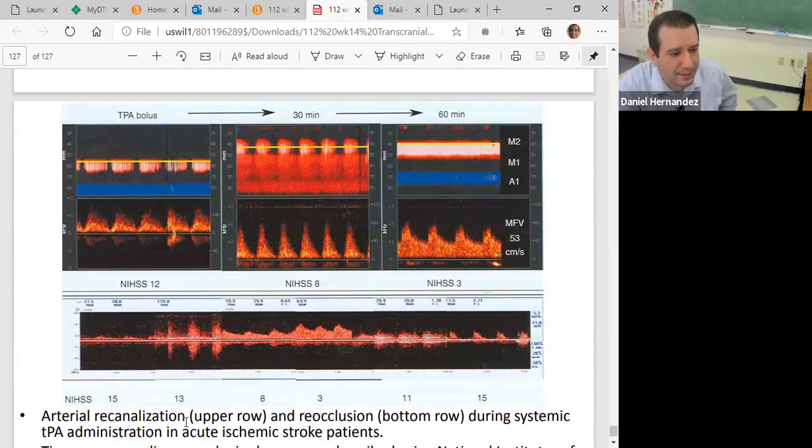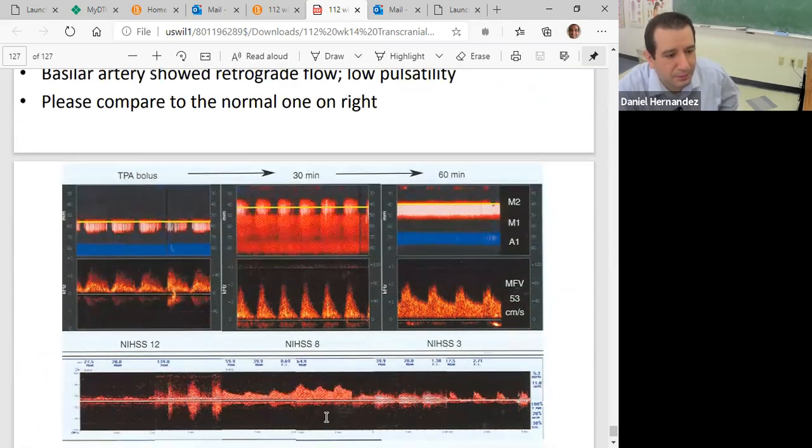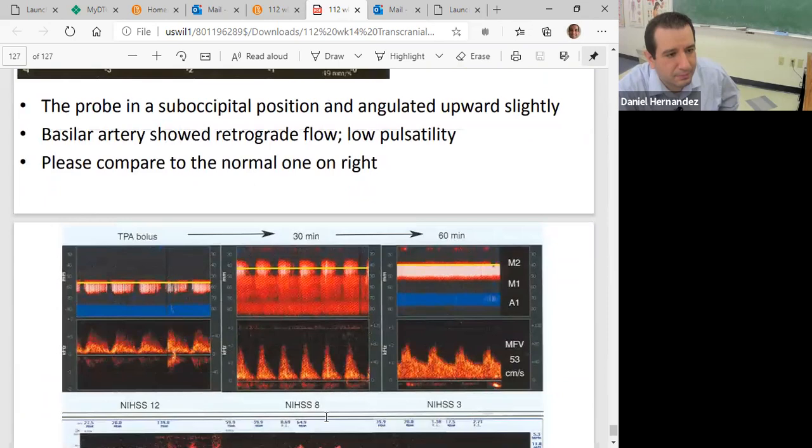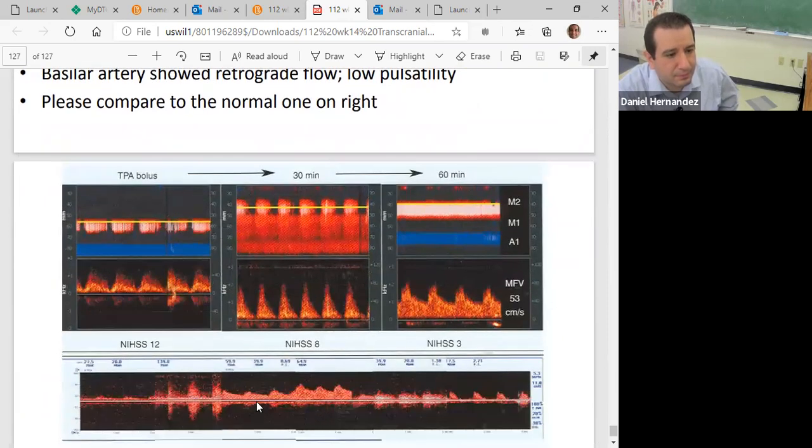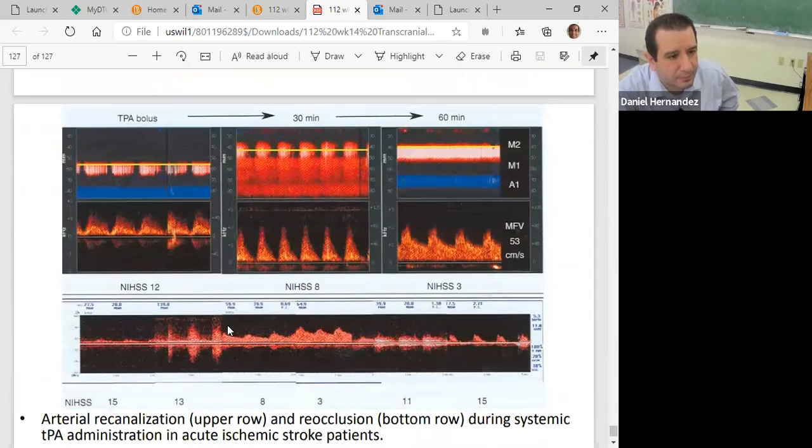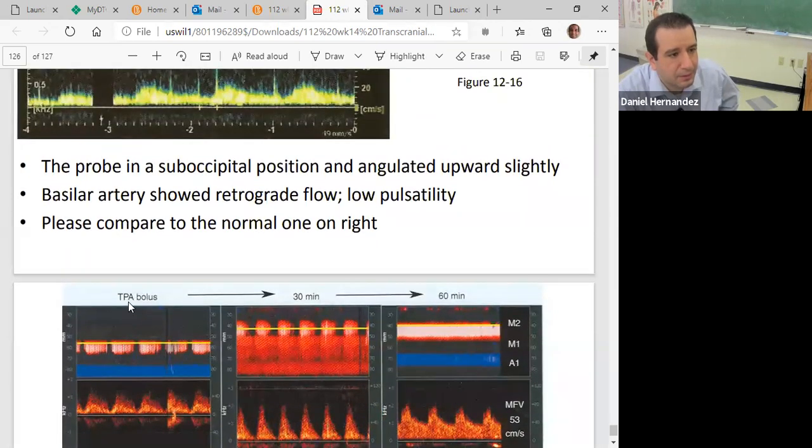So, arterial recanalization. The upper row is the TPA bolus. TPA is that clot buster that they'll administer to patients during the first hours of a stroke.